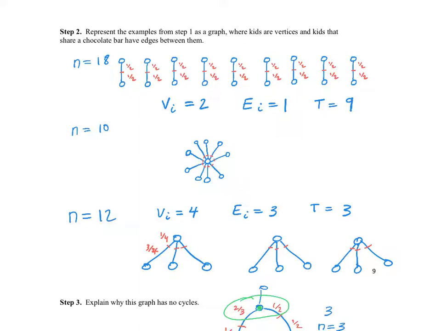But if you wanted to, you could also have drawn a tree that looks like just a straight line of vertices. Then your cuts would be a little bit different. And once again, the cuts aren't part of the graph, but you could cut at the 3/4 point, and then the 1/2 point, and then again the 3/4 point. And every kid would still get 3/4 of a chocolate bar.